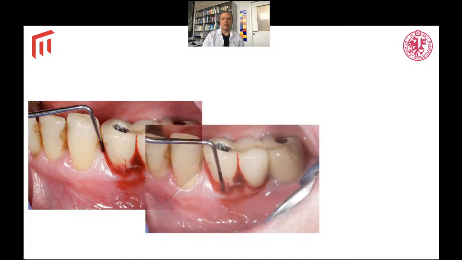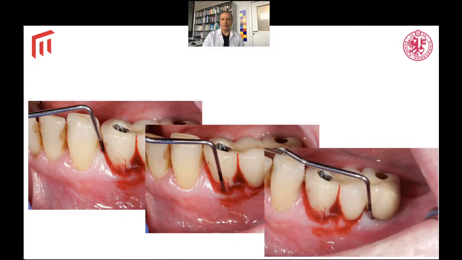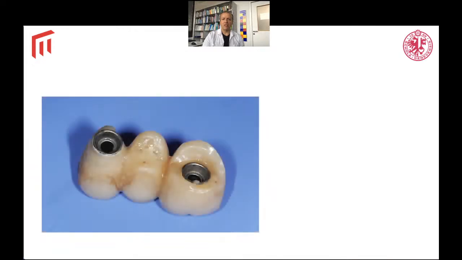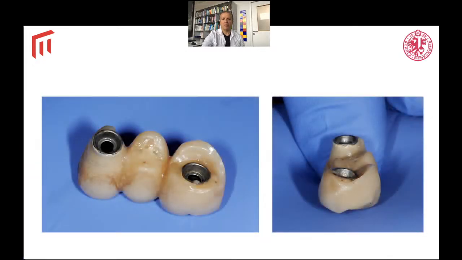So look at this case where we have this 3-unit bridge in the lower jaw. Both implants, the premolar and the molar, had deep pockets. And when I removed the bridge in order to be able to examine the case better, I saw this thing here. As you can see on the molar, we have this buccal extension, this saddle, covering completely the ridge.